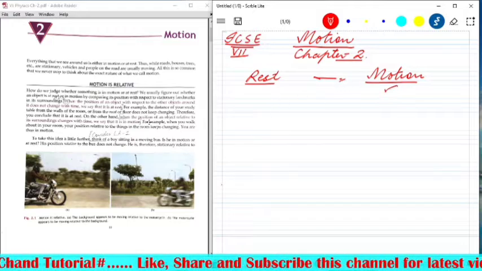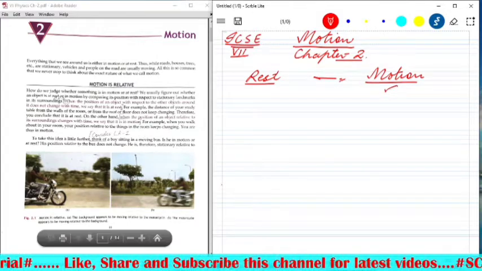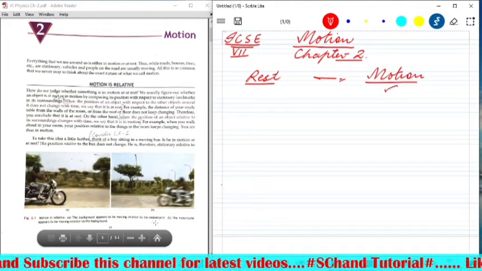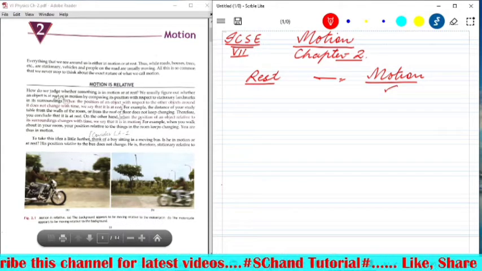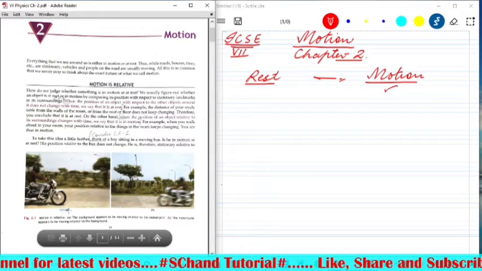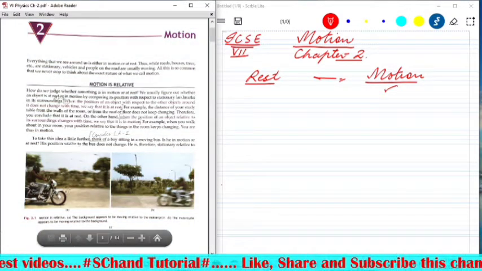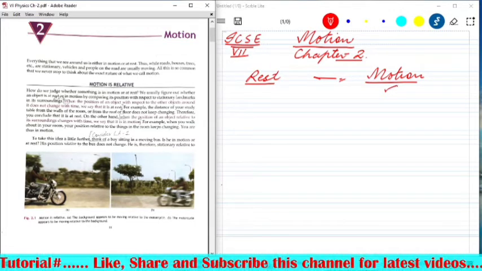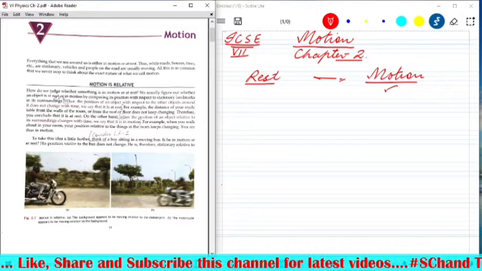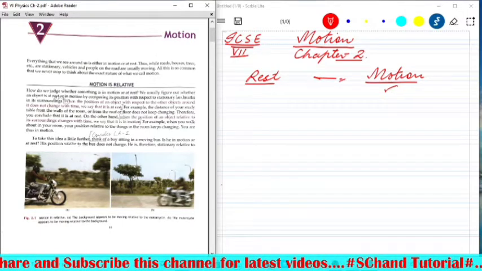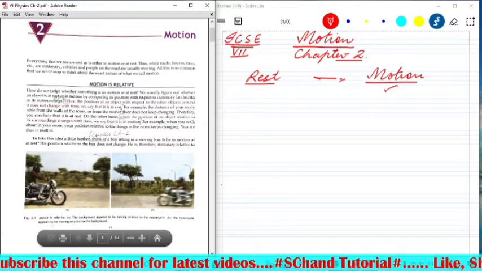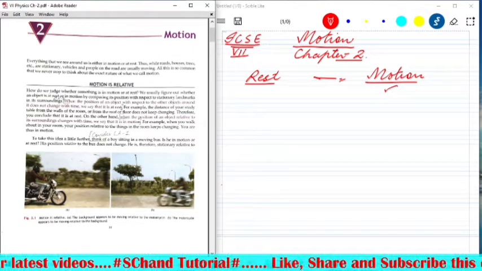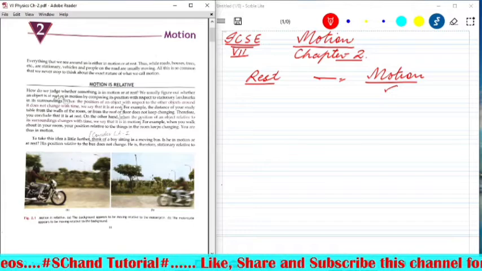Motion is relative. Here they have given the example also: the background appears to be moving relative to the motorcycle. If you see the first diagram here, this motorcycle is moving but the surroundings are stationary. In the next one, the motorcycle appears to be moving relative to the background, but the motorcycle can also be stationary.